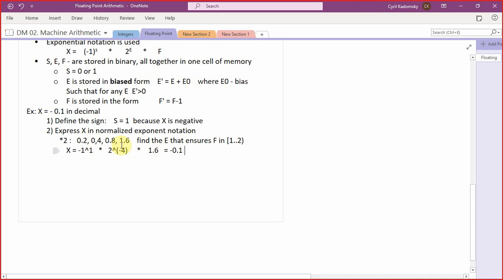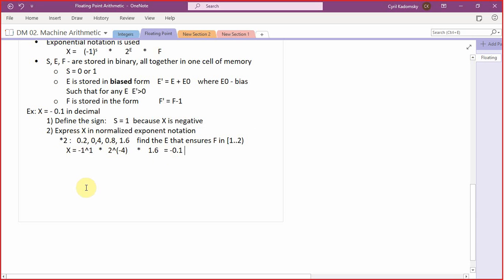We searched for the exponent and the fraction that, combined by our formula, give us our number x. So we found the exponential notation, the normalized one, for the number x.